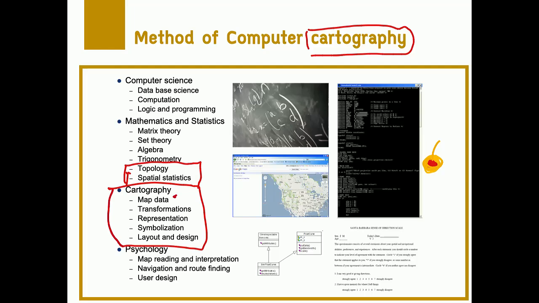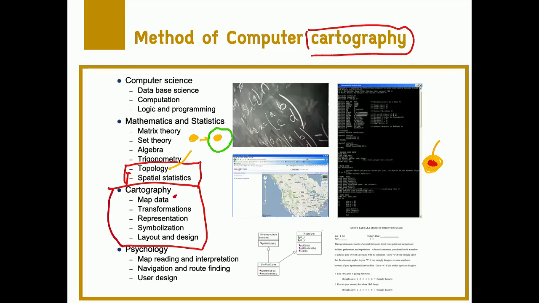This we call spatial statistics or spatial analysis. And in terms of topology, topology means not only one point, but how it relates to another point, or even another area, a surrounding area, or neighborhood parcels as well.